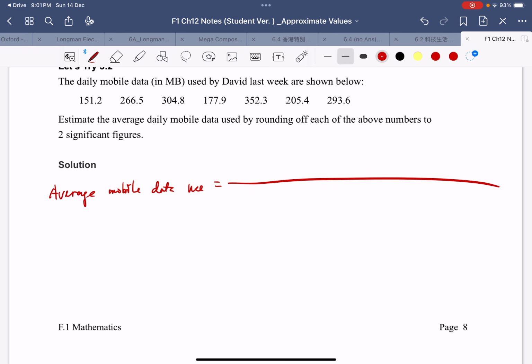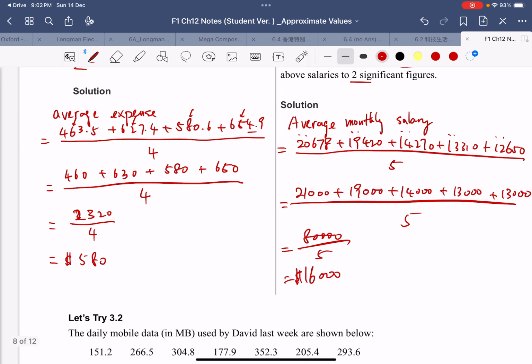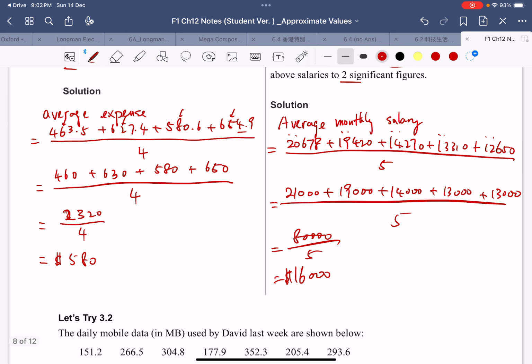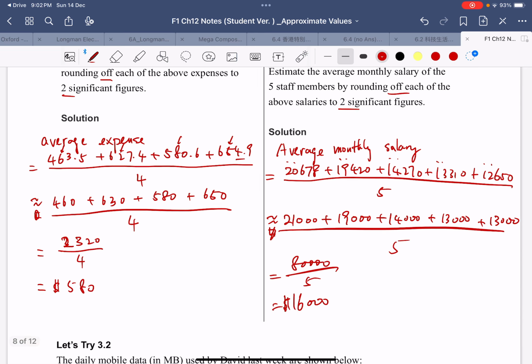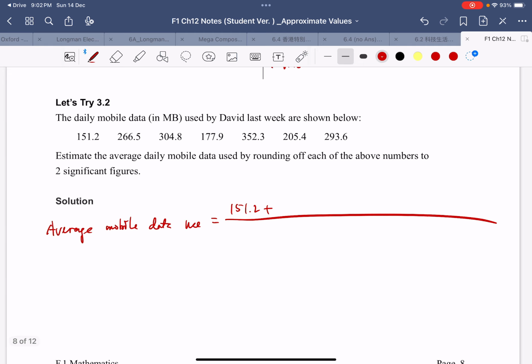I have 7 numbers. Oh, sorry. Let's take a look. I make a mistake here. This is approximately equal to. Alright. Sorry, doing it too quickly.